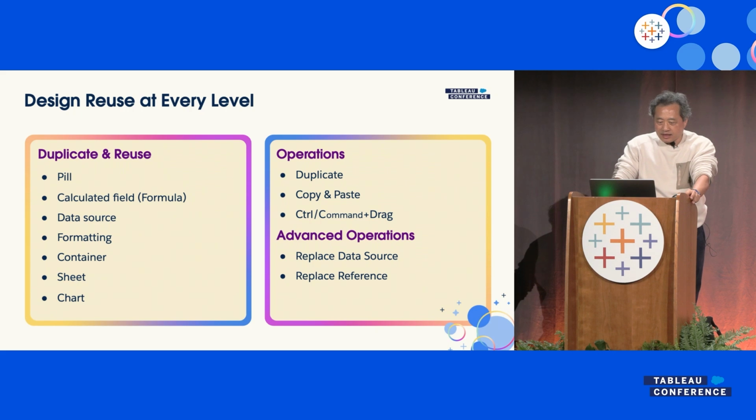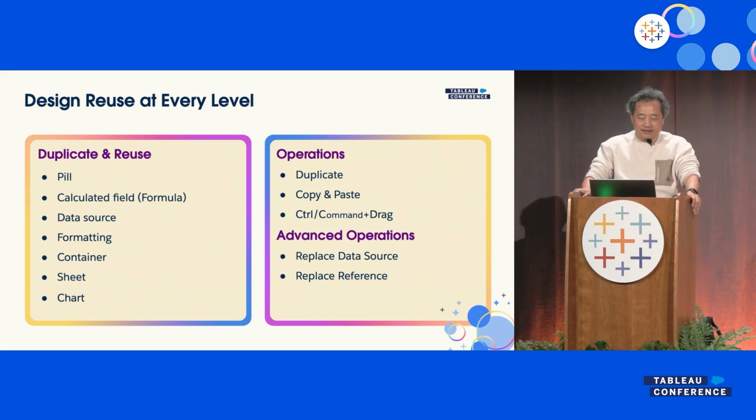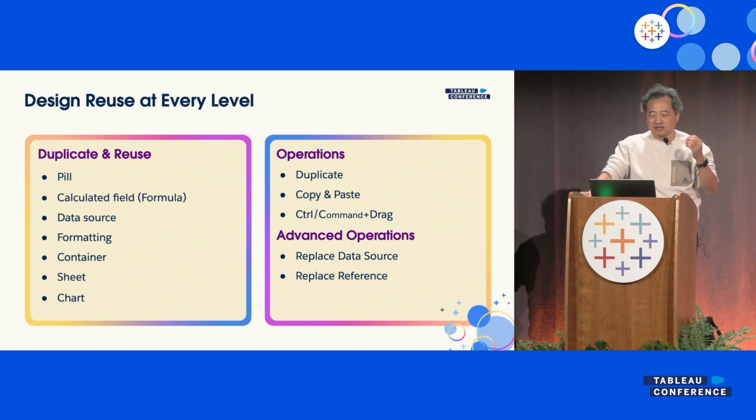So here are the elements that we can duplicate, reuse, and copy and paste. From the very basic pills, and also the formula, calculated fields, data source, formatting, a sheet, a chart, and all those things.